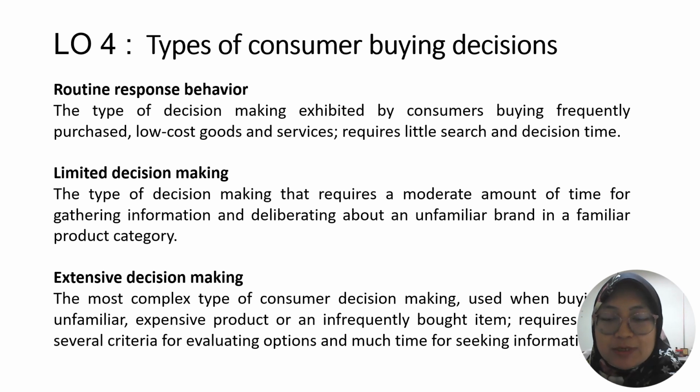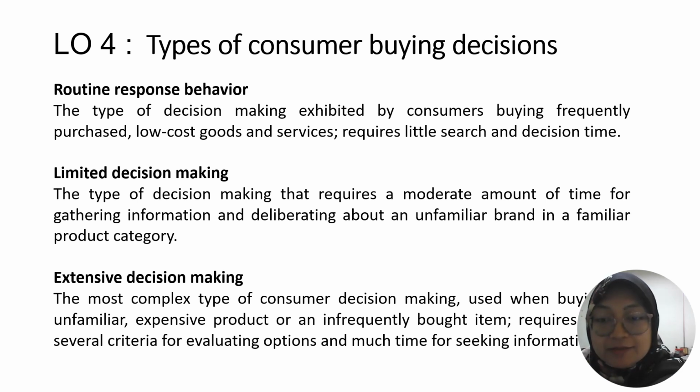And the last type of buying decision is extensive decision making. This is the most complex type of consumer decision making, used when buying an unfamiliar product, an expensive product, or an infrequently bought item, and it requires the customer to evaluate several criteria and take extended time to search for information.